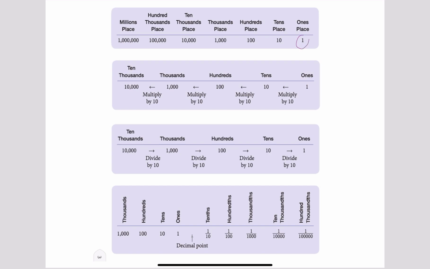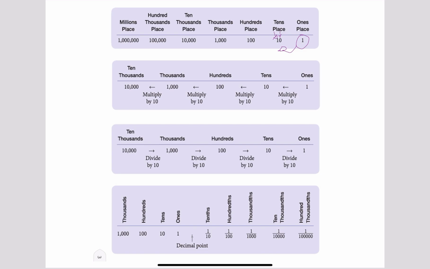Then if we have 10 ones, instead of cramming them all into the same place value, once I have 10 of something, I'm going to move one place value over, and I will indicate my ones in this column and my tens in this column.